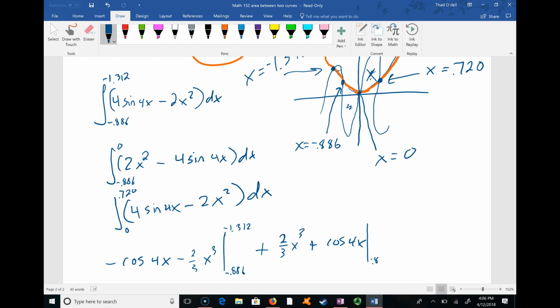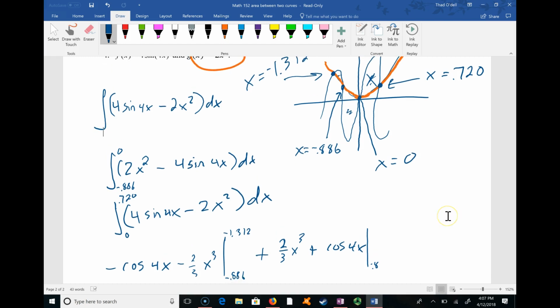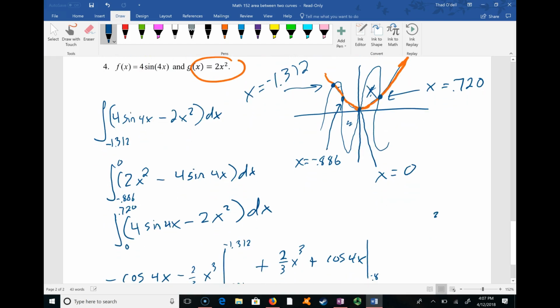Oops, I did those on the wrong side, didn't I? So I started here at, no, that was right. No, it wasn't. Okay, so this should have been negative 1.312, and that should have been negative 0.886.